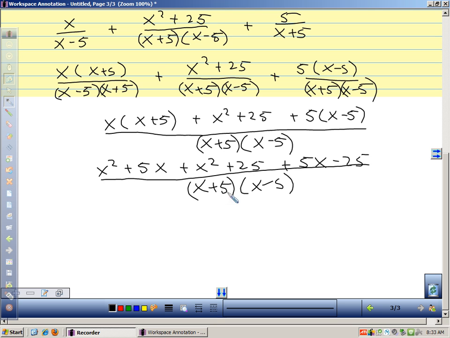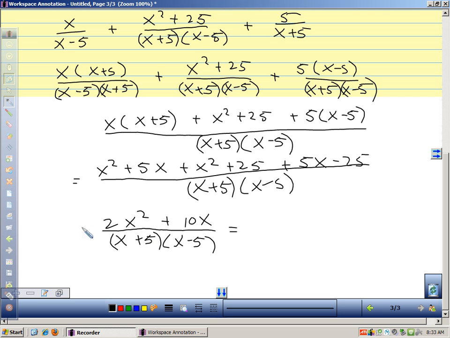Now we're going to simplify this. I get 2x squared plus 10x, and my 25s cancel out. And we're getting close to the end now. x plus 5 times x minus 5. I can factor something in the numerator.